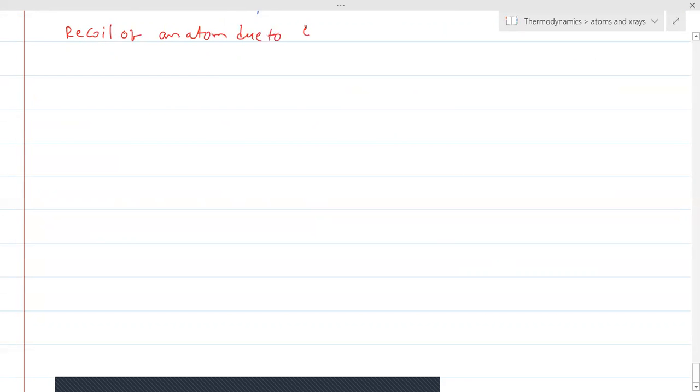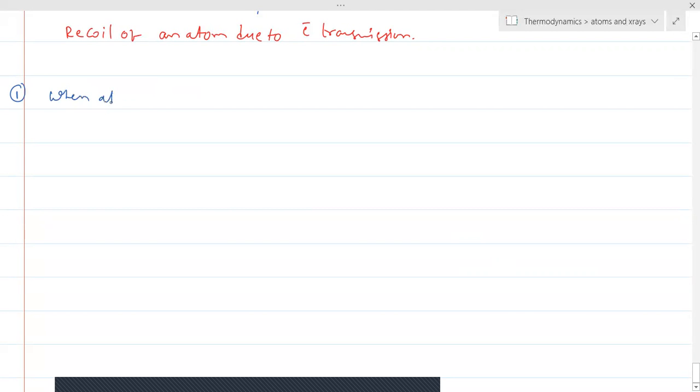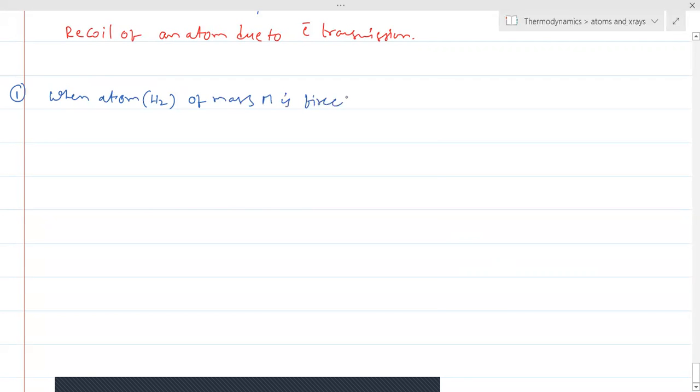Recoil of an atom due to electron transition. We take the first case: a hydrogen atom of mass M is fixed and emits a photon.